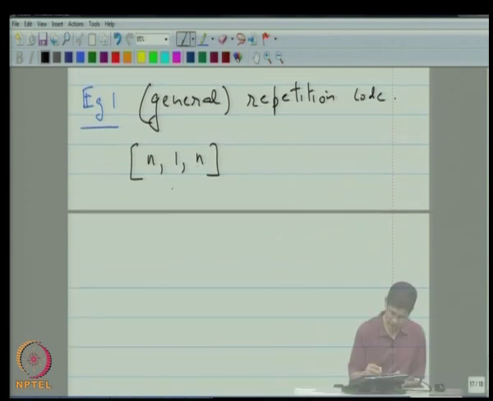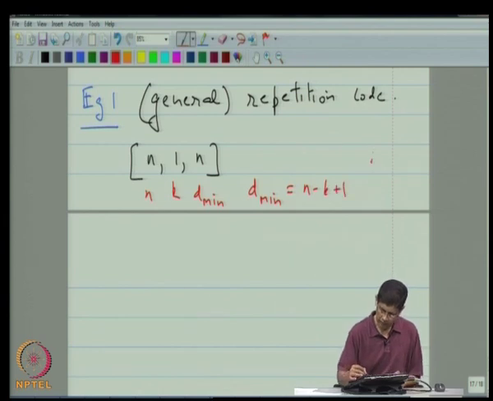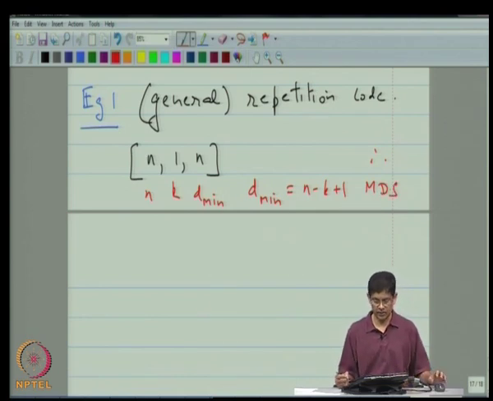Since this is n, k, d, it means that d min, this is d min of course, is equal to n minus k plus 1. Therefore, it is an MDS code. So, the general repetition code where all the symbols are the same and there are still only 2 code words is an example of an MDS code.